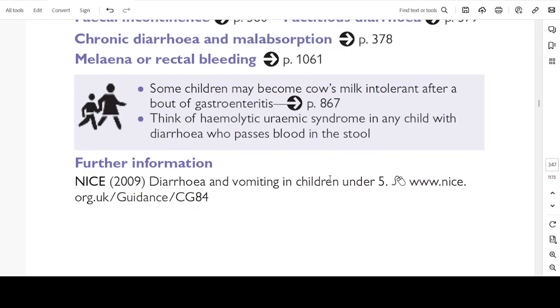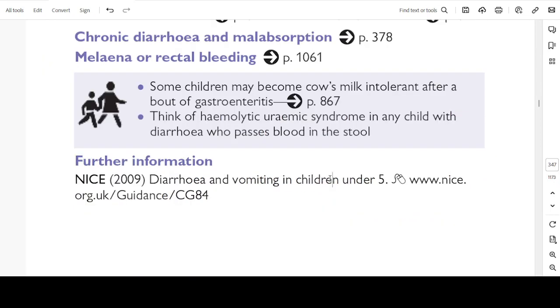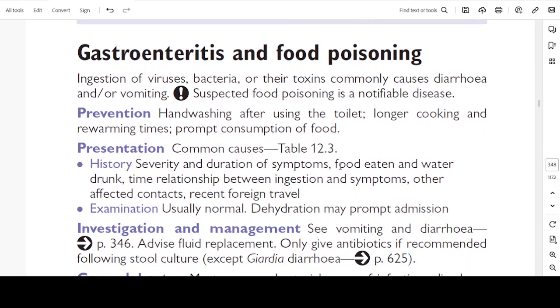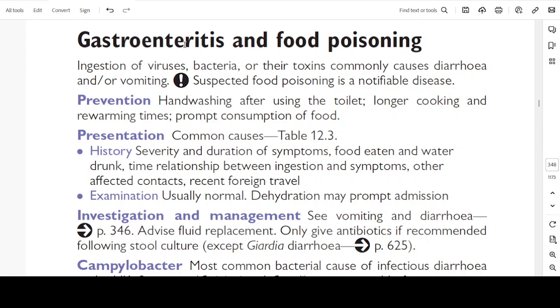This is associated with hematuria and decrease in urine volume. Gastroenteritis and food poisoning: ingestion of viruses, bacteria or their toxins commonly causes diarrhea or vomiting. Suspected food poisoning is a notifiable disease.